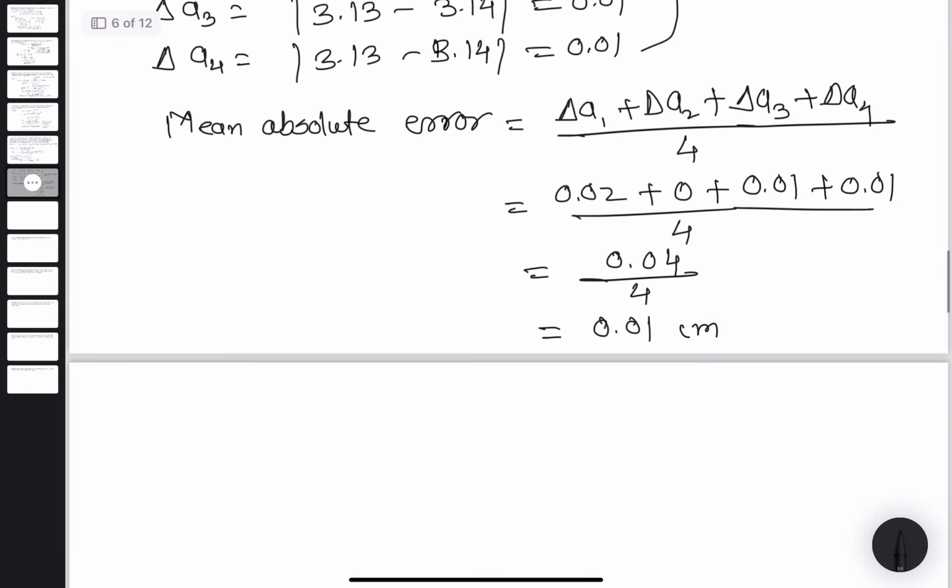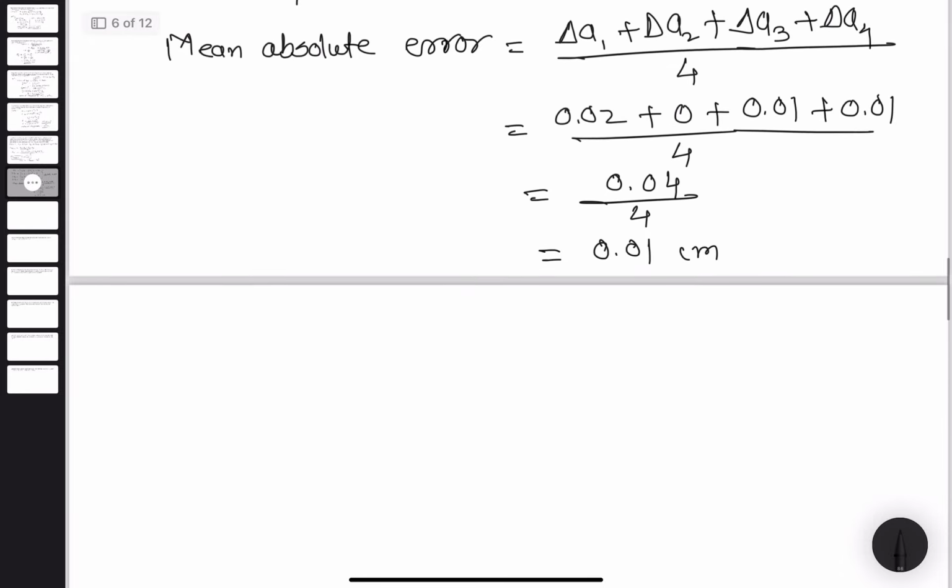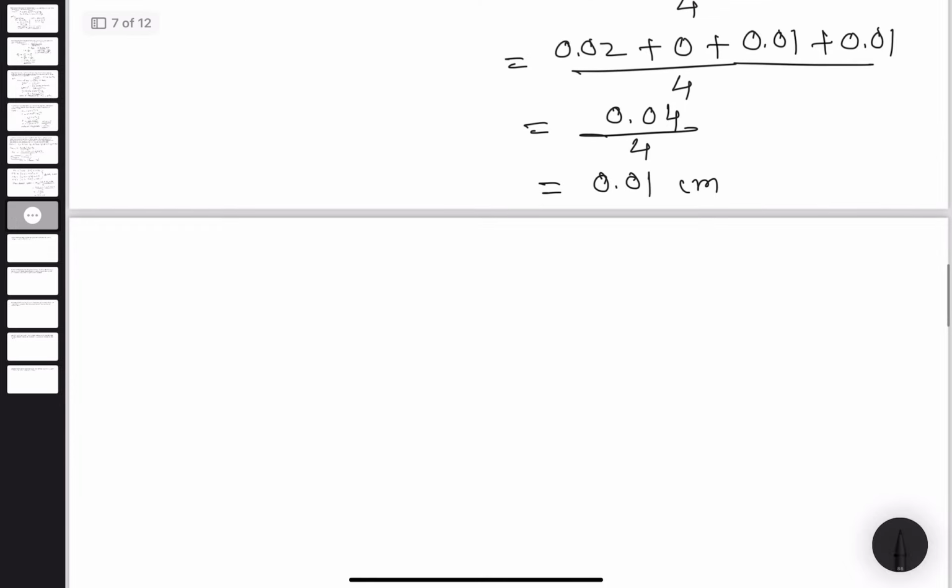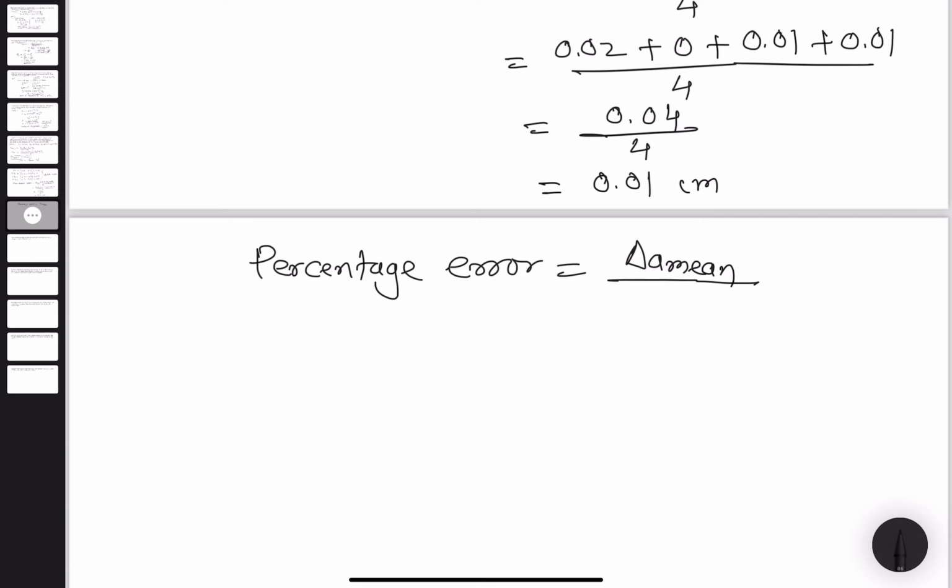Next we will calculate the percentage error. That will be percentage error is equal to delta A mean divided by A mean into 100.